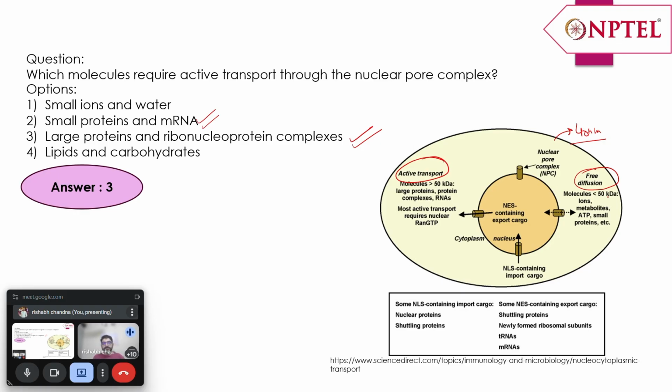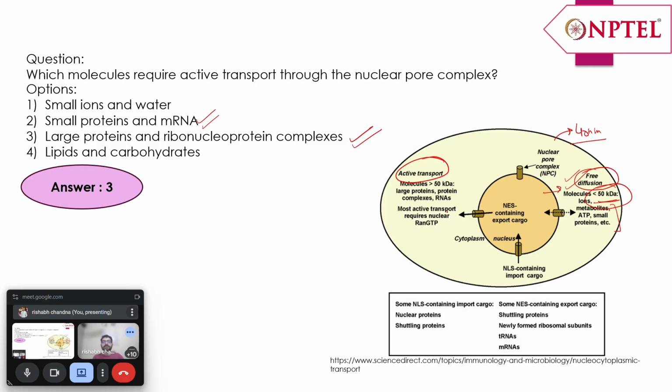If the molecules are less than 50 kilodalton in size, they can actually freely diffuse through the nuclear pore complex. They do not require any energy or any subsequent proteins to be involved to be able to transport through the nuclear pore. So, for example, metabolites, ATP, and small proteins that are less than 50 kilodalton in size actually transport through free diffusion.